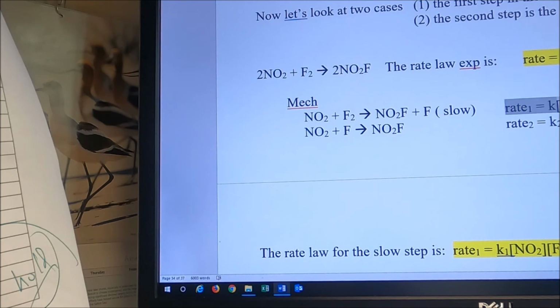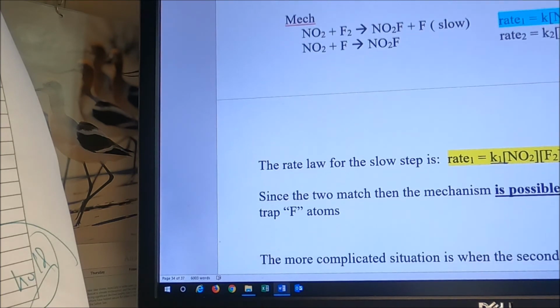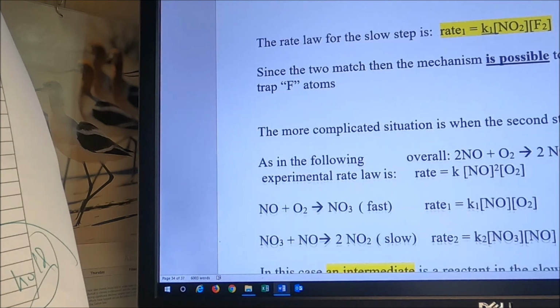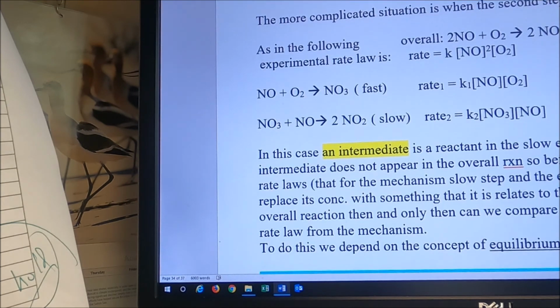We looked at the rate law for our slow step and compared it to the experimental rate law. They match. So our mechanism is possible, and we would try to trap a fluorine atom to prove it. The one we started out with, where the slow step was the second step, is the hard case.